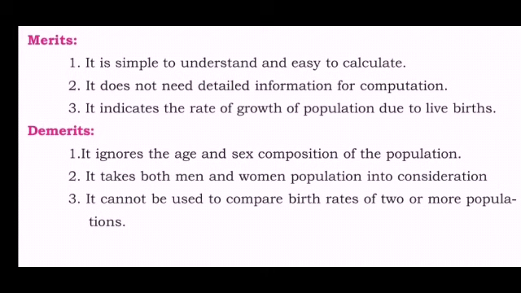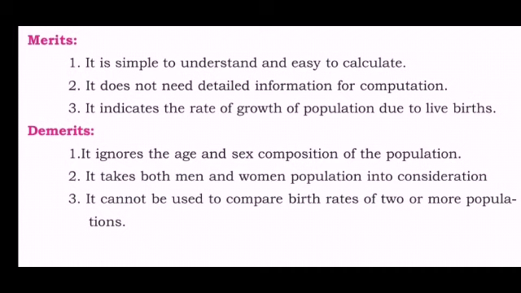And second one, it takes both men and women population into consideration. So, as I said, only women of childbearing age will give birth. So it ignores that and it takes into account both men and women, where men are not giving birth, and it gives a false rate. So it is a demerit.